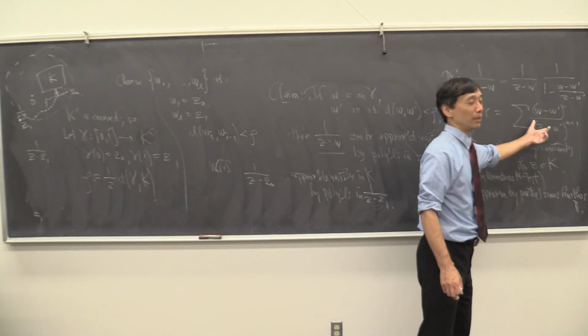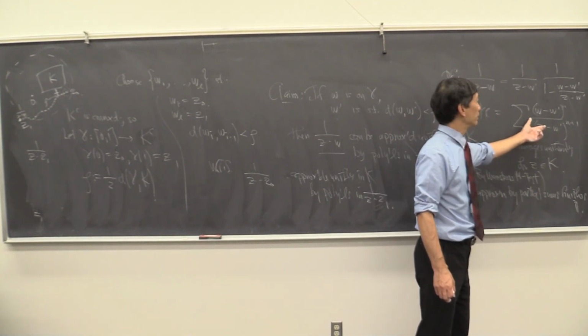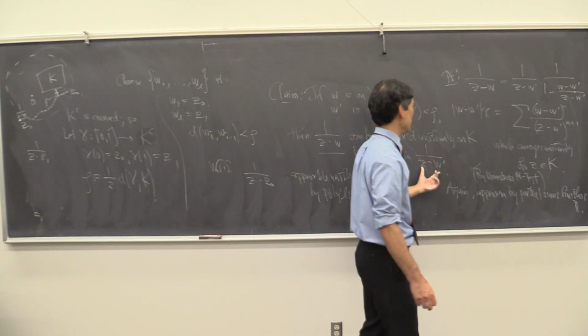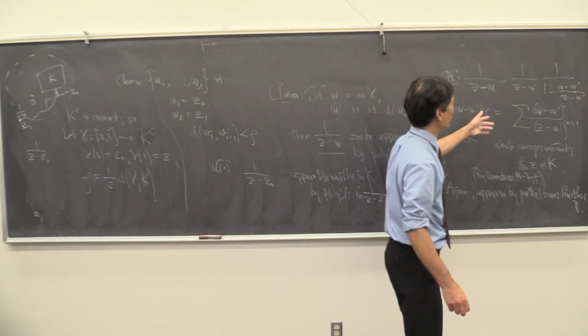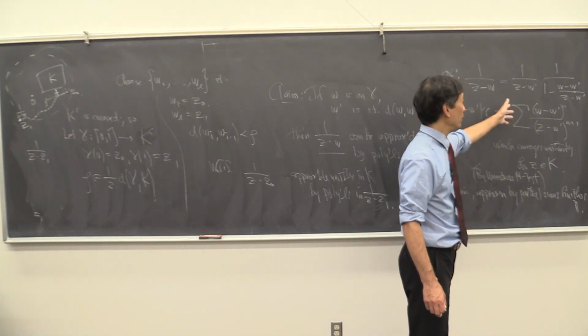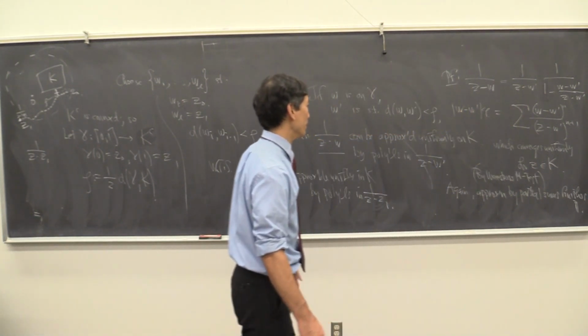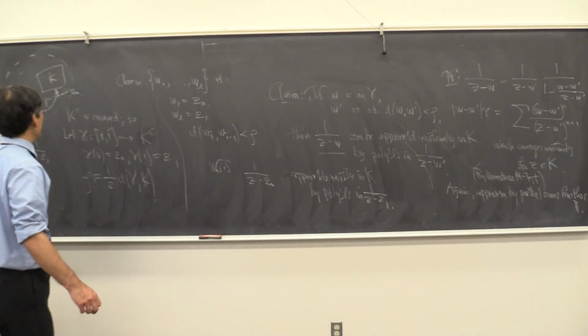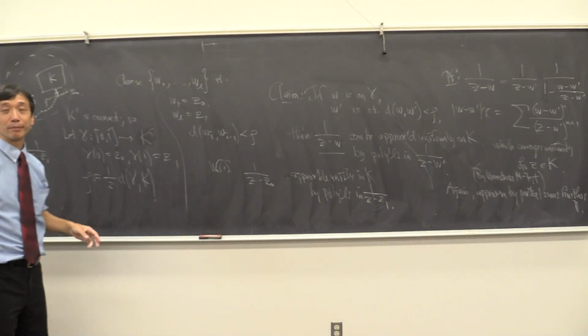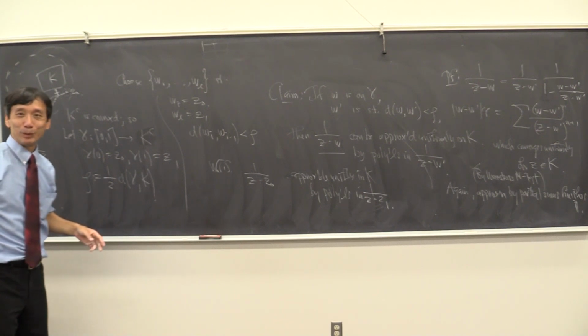Well, that's exactly what we have here. We've got polynomials in 1 over z minus w prime. The partial sums here are polynomials in 1 over z minus w prime. So that gives us that, and then we can bootstrap our way all the way back. Okay. I hope that's all right.